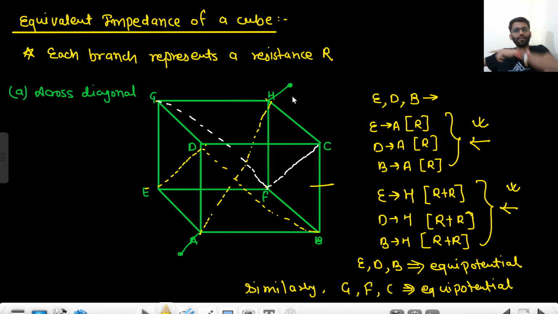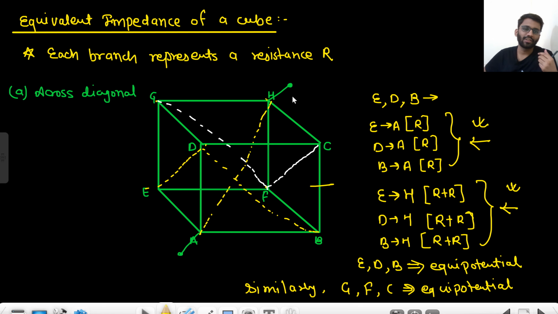Between A and H, you have to cut it exactly in between. Seeing the symmetry is a tough task here, right? It is not an easy task. It will be in 3D, we can't really see it.